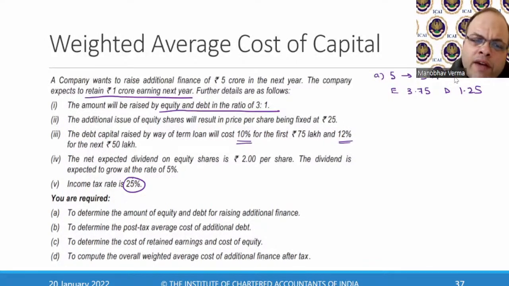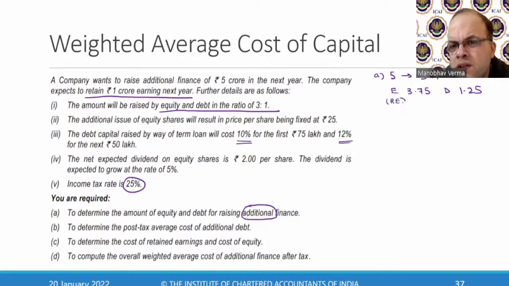However, the call of the question here is to determine the amount of equity and debt for raising additional finance. They have anyways told us there is 1 crore coming from retained earnings. So 1 is already there.